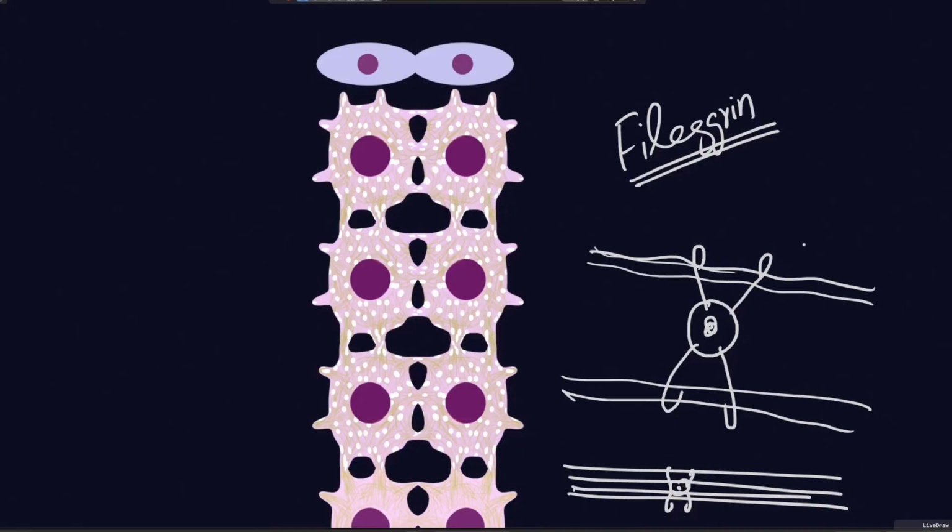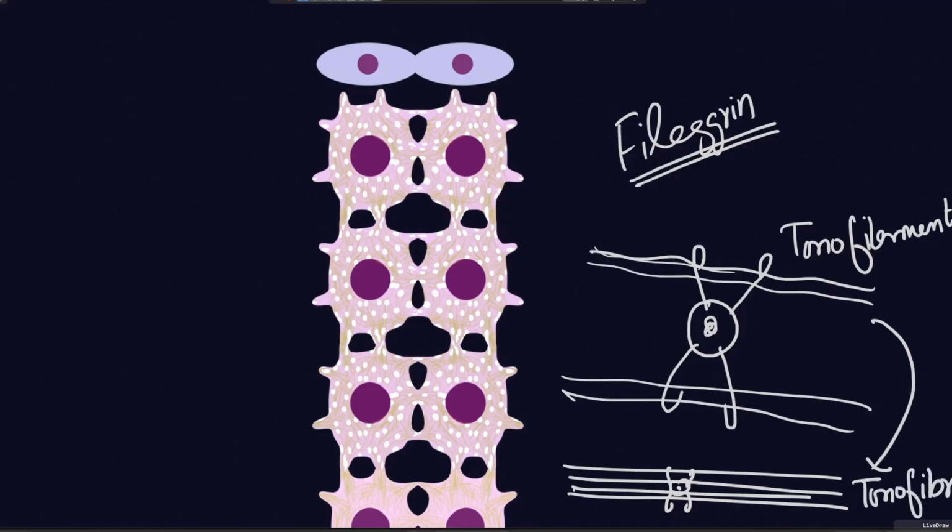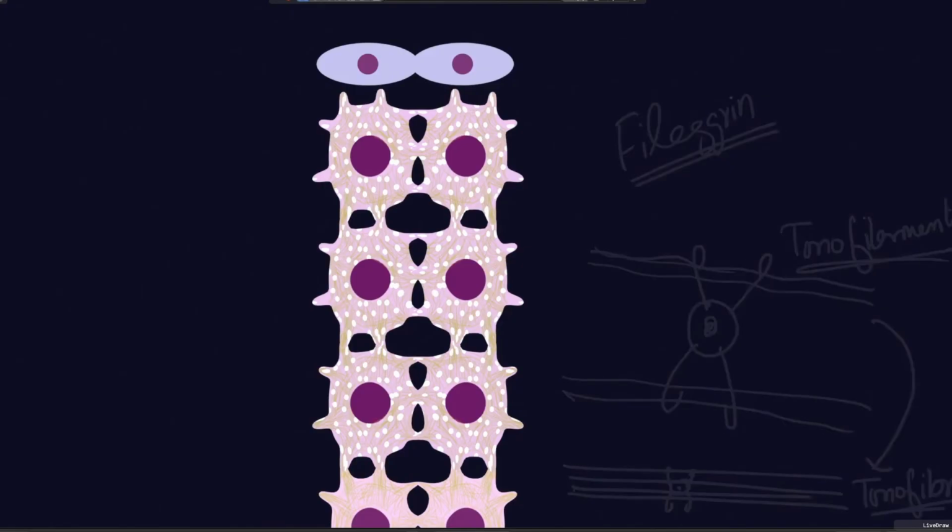Initially these were filaments, these were tonofilaments. So these tonofilaments aggregate to form tonofibrils. Aggregated keratin filaments or tonofilaments are basically called tonofibrils, and that is the function of filaggrin proteins.